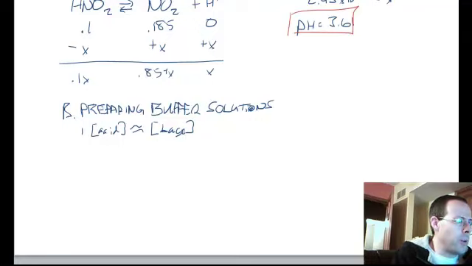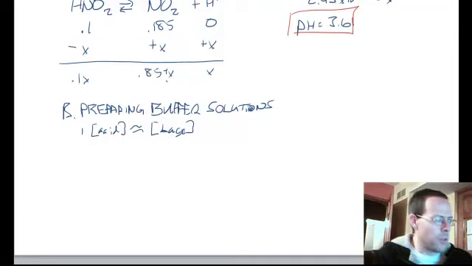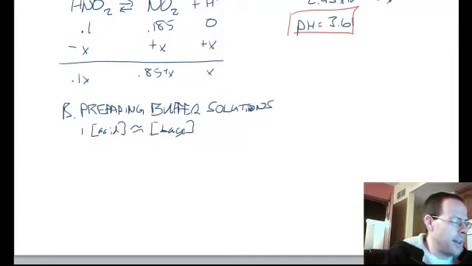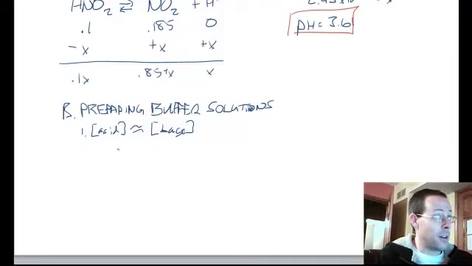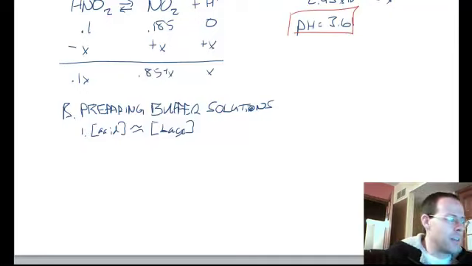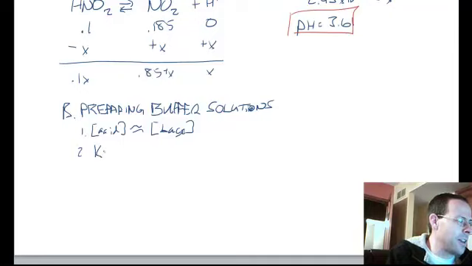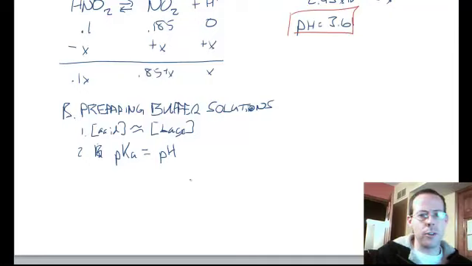Notice in our example we had 0.1 molar and 0.2 molar. Those are fairly close concentrations. Our conjugate acid and base should have similar concentrations. The other thing we need to keep in mind is the pKa of our weak acid should approximately equal the pH of our buffer solution.